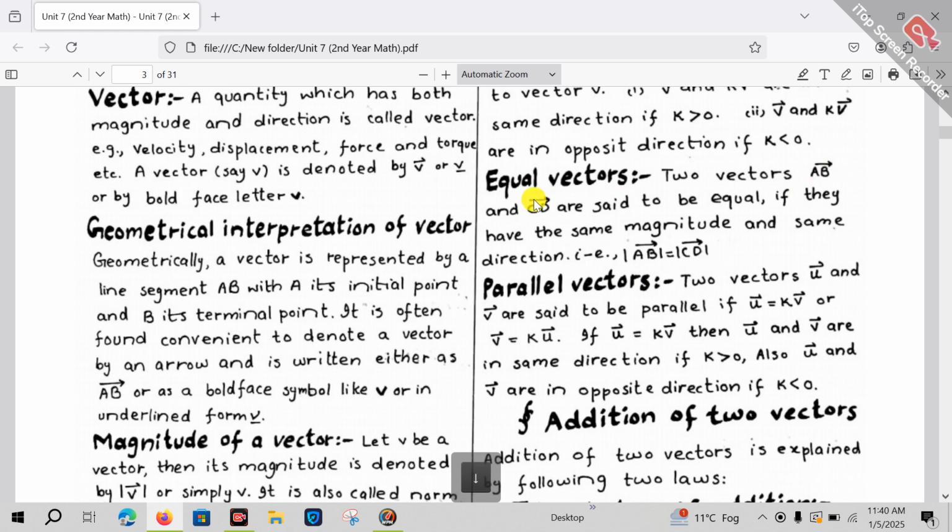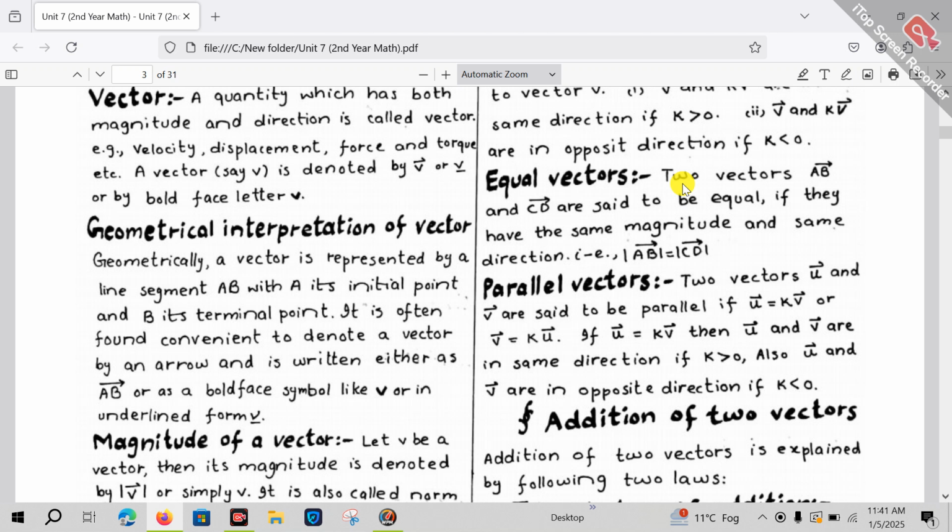Next, the concept of equal vectors. When we say that any two vectors are equal, let us look at this. Two vectors AB and CD are said to be equal if they have the same magnitude and the same direction. So in order to check whether two vectors are equal or not, we have to satisfy two properties.